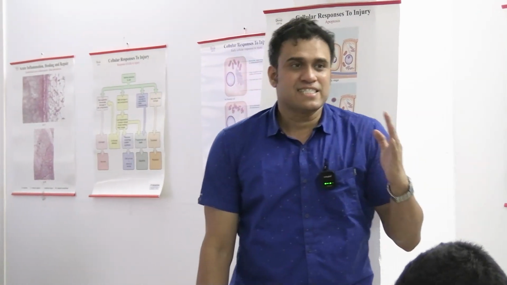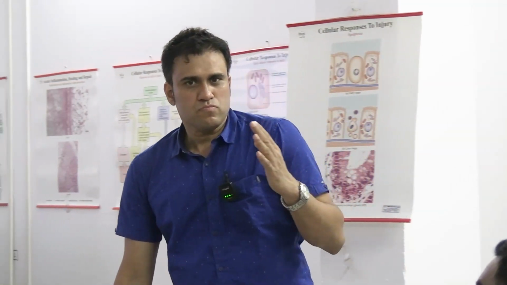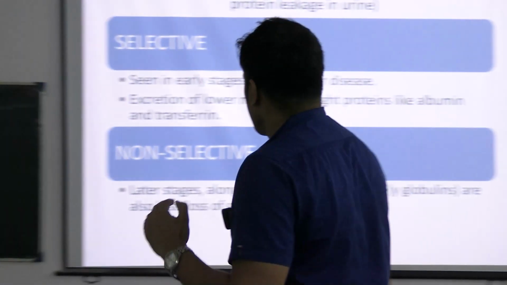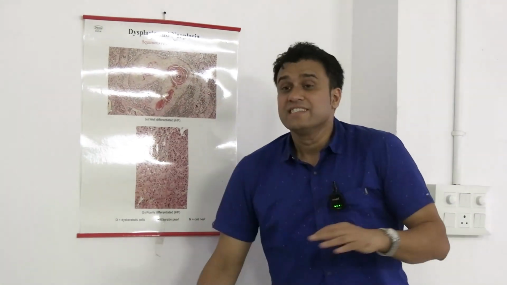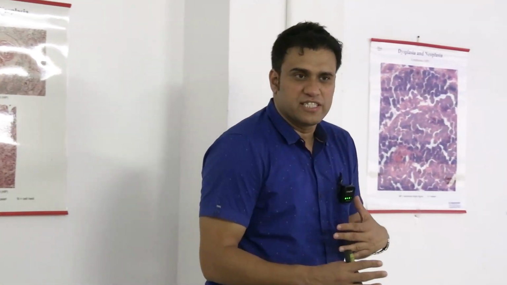Okay, so that is selective proteinuria. That is why it is selective, seen in early stages of glomerular diseases.